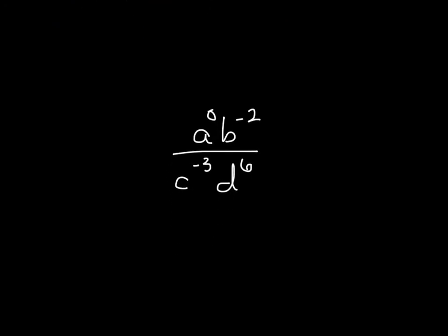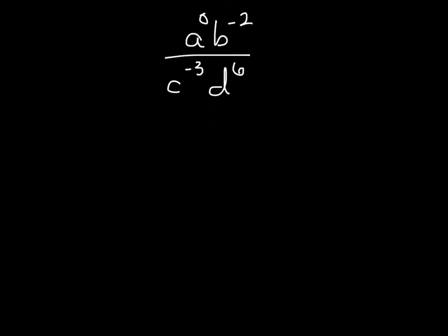Last problem. This one's a little tricky. We have a to the 0 power, b to the negative second over c to the negative third, and d to the 6th power. My first thing that I'm going to do is I'm going to try to simplify this as much as possible. If I look at this a to the 0 power, I know from a little bit before, any number to the 0 power is going to be equal to 1.